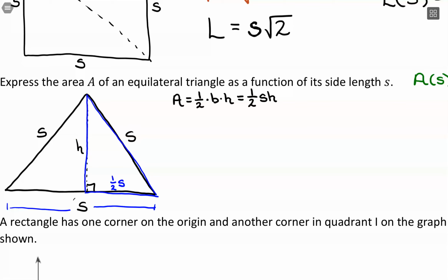I'm going to use the Pythagorean Theorem so I can solve for h, and my only other variable will be s, so this will work out great. The hypotenuse is opposite the 90-degree angle, so s is my hypotenuse. So we'll take hypotenuse squared equals h squared plus 1/2 s, and in parentheses, we want that whole side length squared.